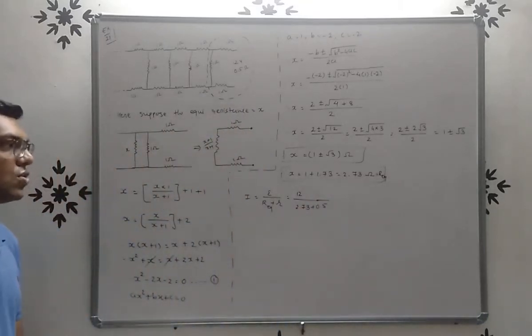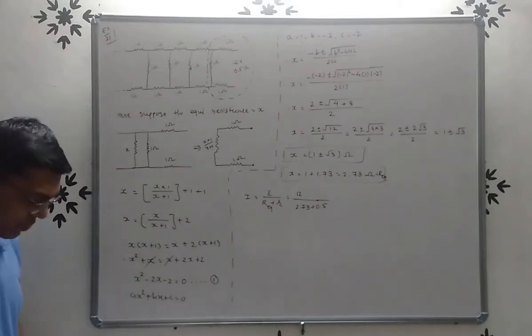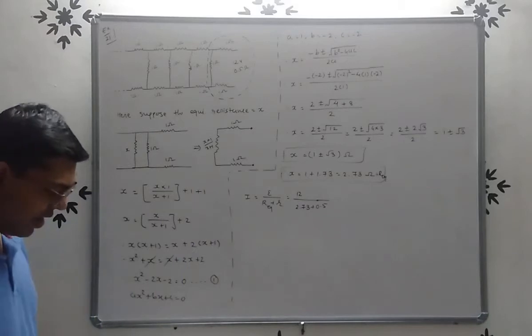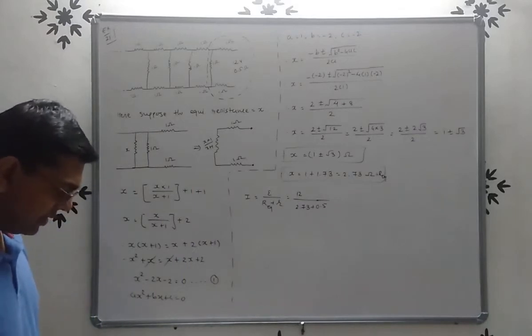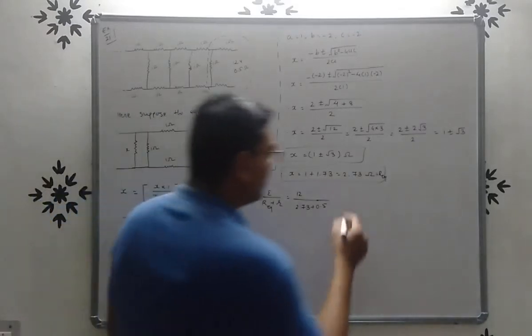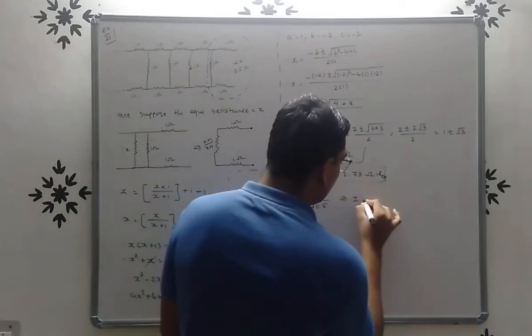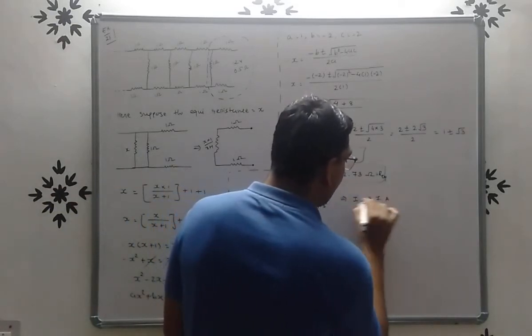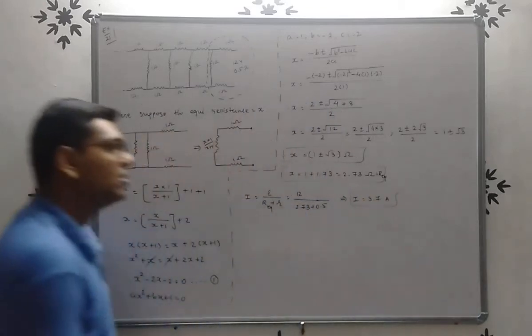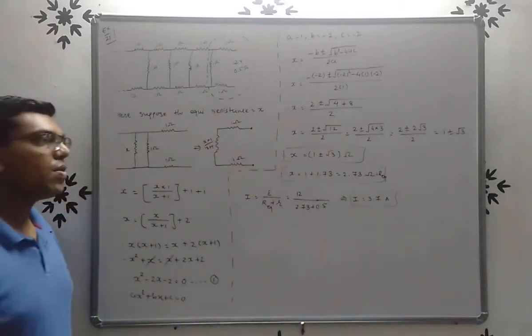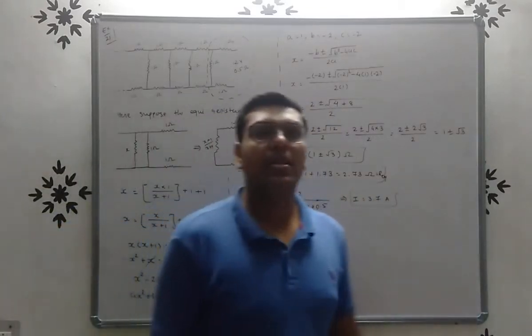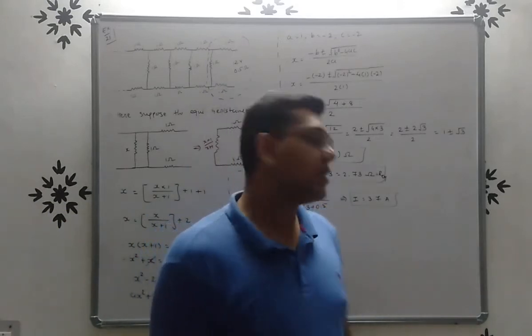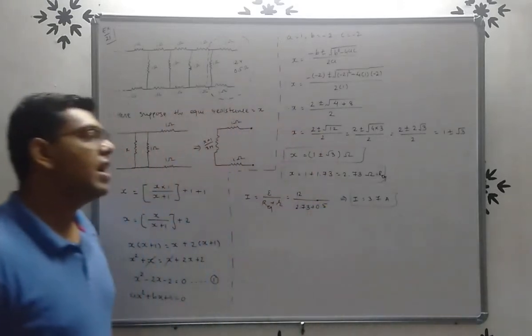So if you solve this, 12 upon 2.73 plus 0.5, then you get 3.7 ampere. So here I is equal to 3.7 ampere. Right. So current in this infinite network is 3.7 ampere.